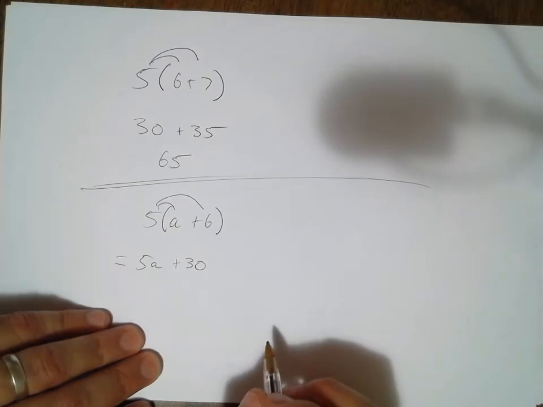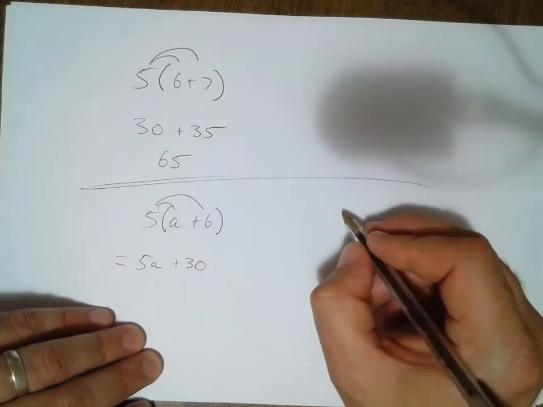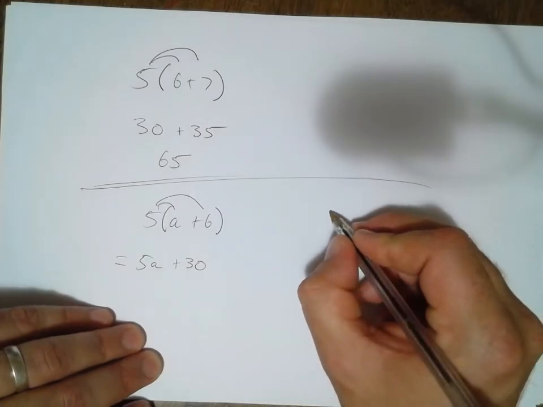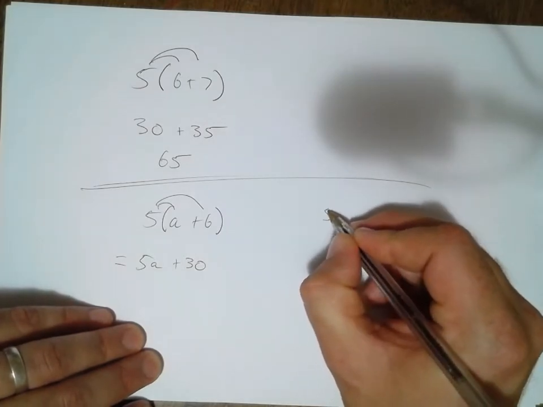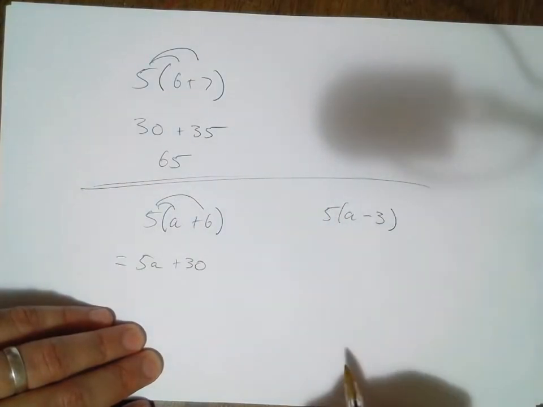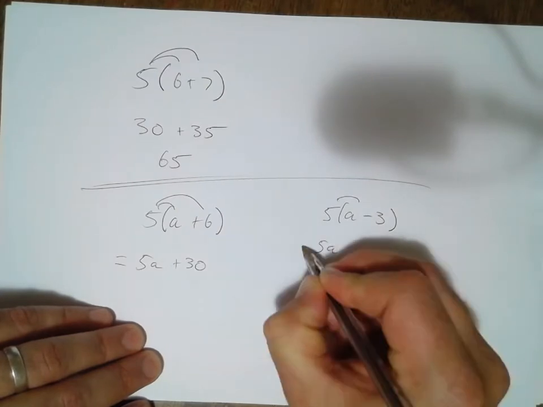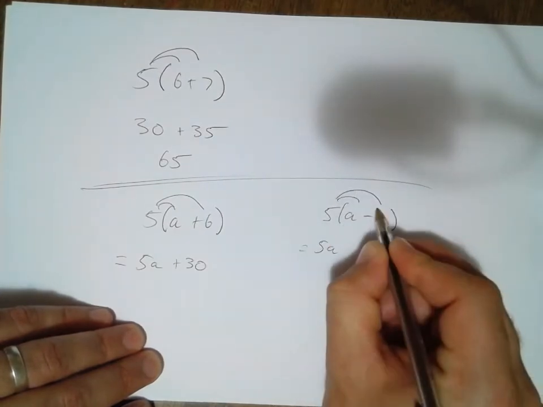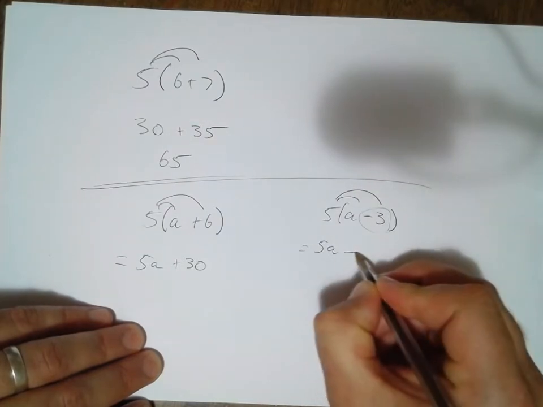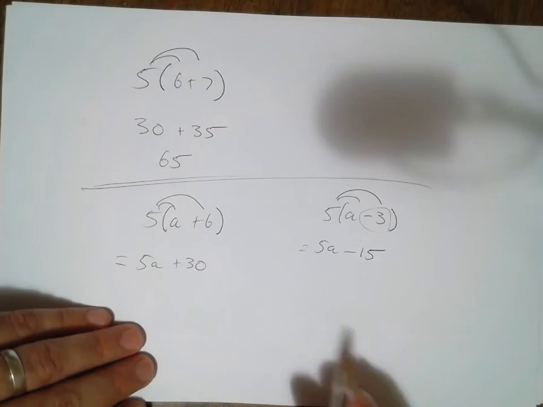From there, you can make it a little bit more complicated. If I had something like 5A take 3, same sort of thing applies. 5 times A is 5A. 5 times negative 3 is minus 15. Right?